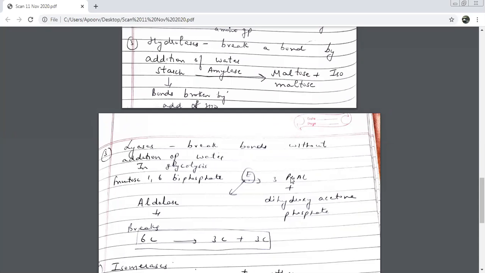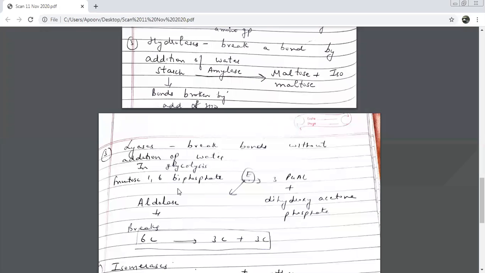And let's talk about PGAL. It has 3 carbons. Similarly, dihydroxyacetone phosphate also has 3 carbons. So 6 carbons here, 3 carbons plus 3 carbons, 6 carbons here. It is very clear that bonds have broken down between fructose biphosphate, but water is not needed here.